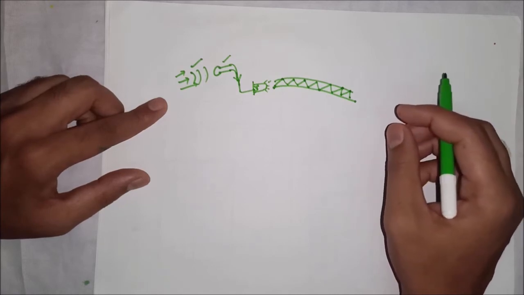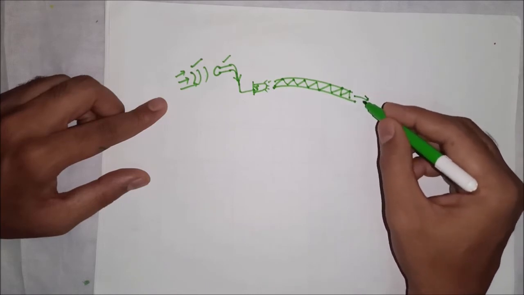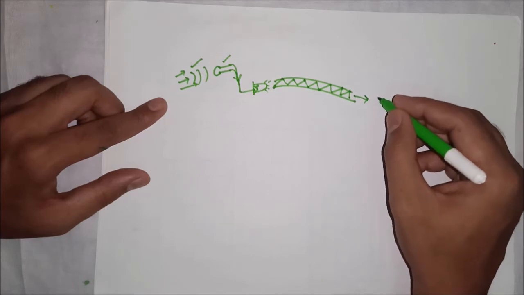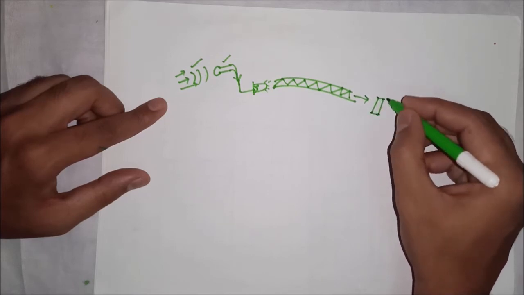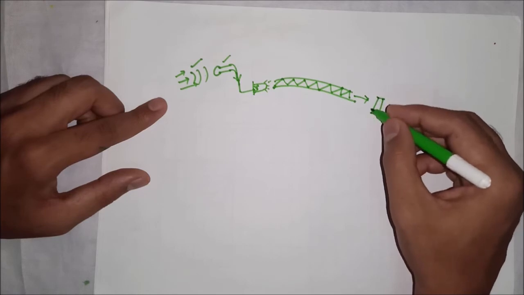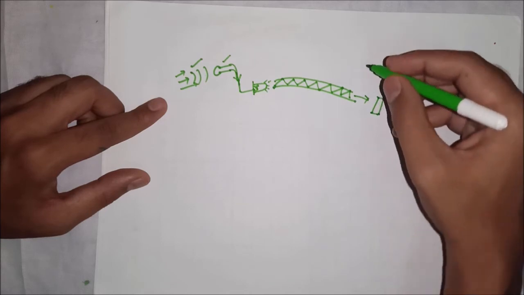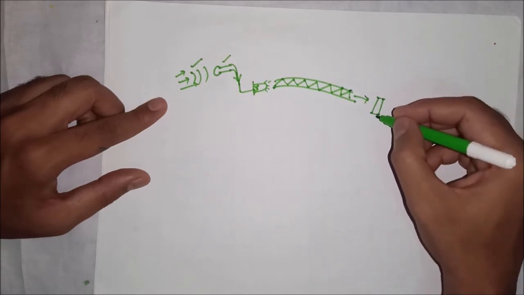How will they receive it? They will receive it in the form of light only. The light is coming out, and that light is falling on a diode. Which diode? This is a photodiode, and this photodiode will convert this light energy into electrical energy.